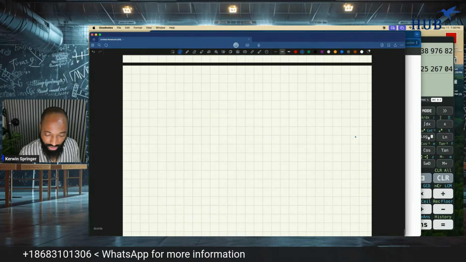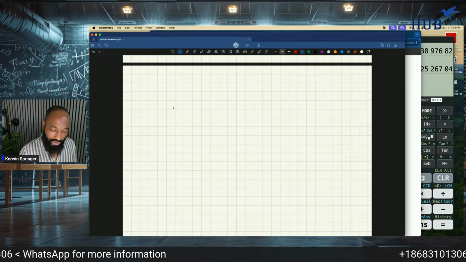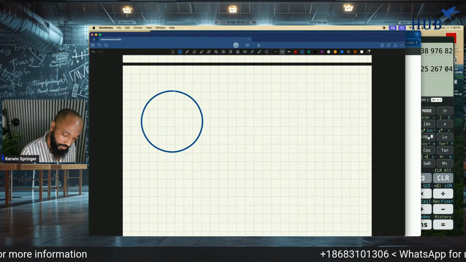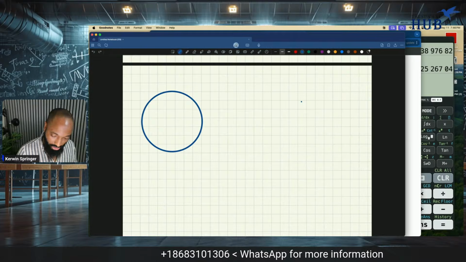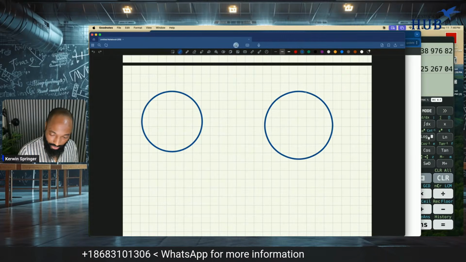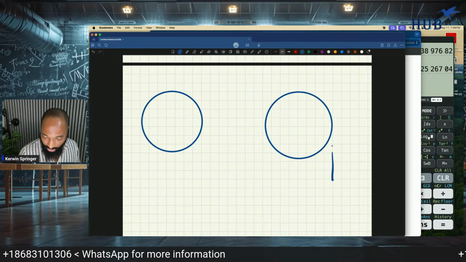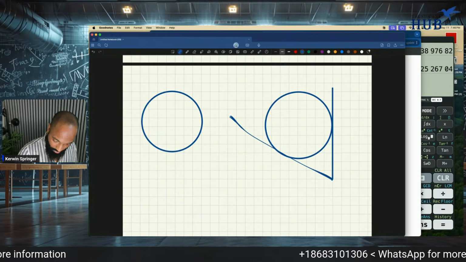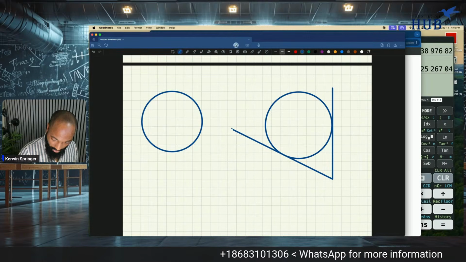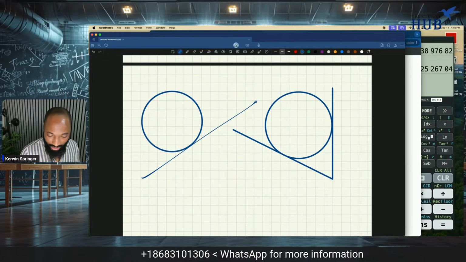And then there are the 3 tangent theorems. What are the 3 tangent theorems to finish off? 3 tangent theorems. There's one that deals with a point outside that makes 2 tangents like this. 1, 2. There's one that is just about a tangent.